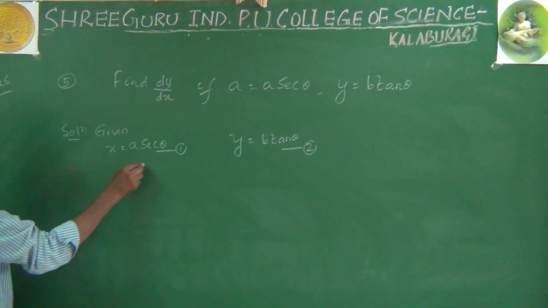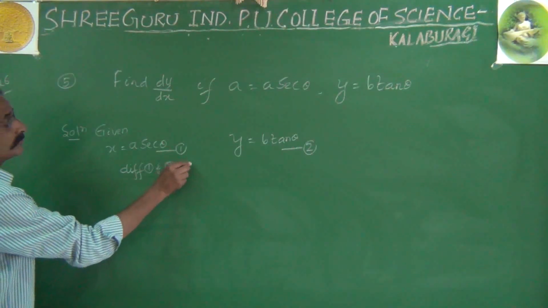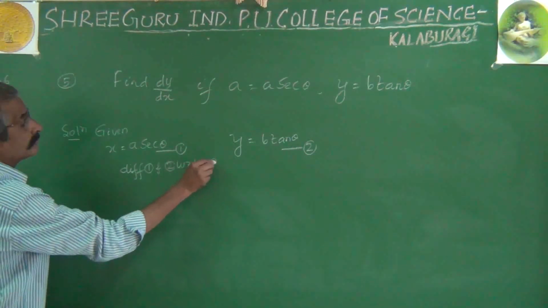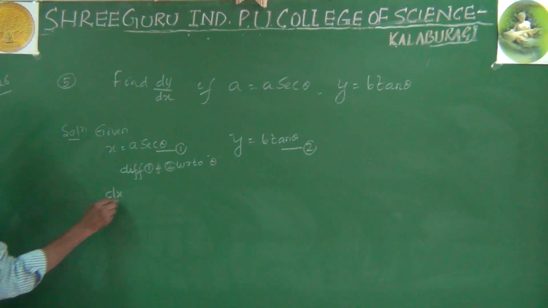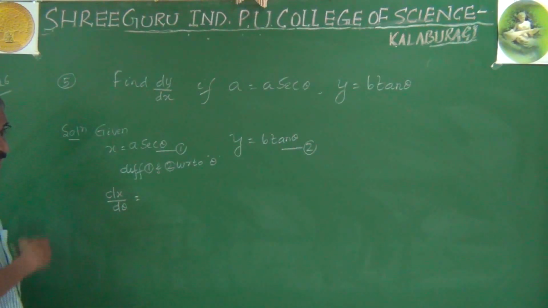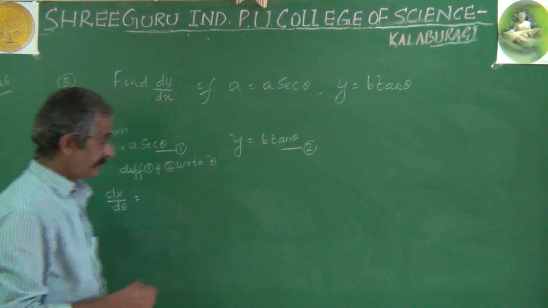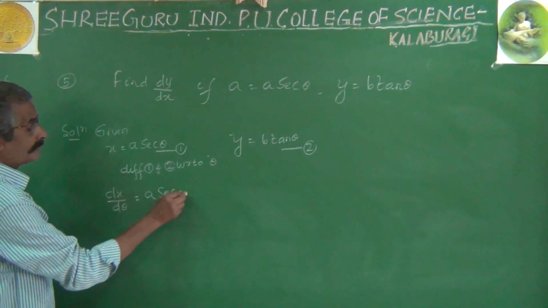Differentiating 1 with respect to theta: dx by d theta, right hand side, a into the differentiation of secant theta, which is secant theta into tan theta, so the total result is a sec theta tan theta.